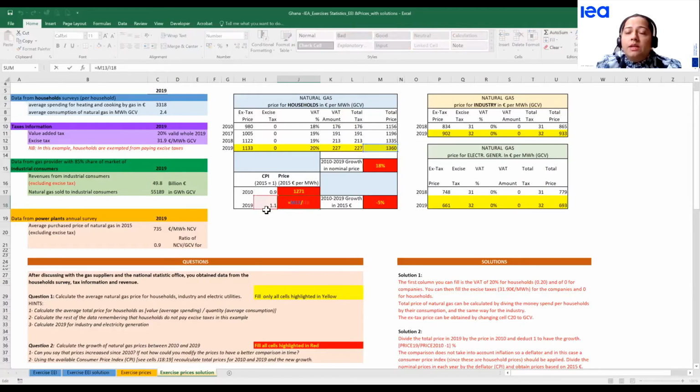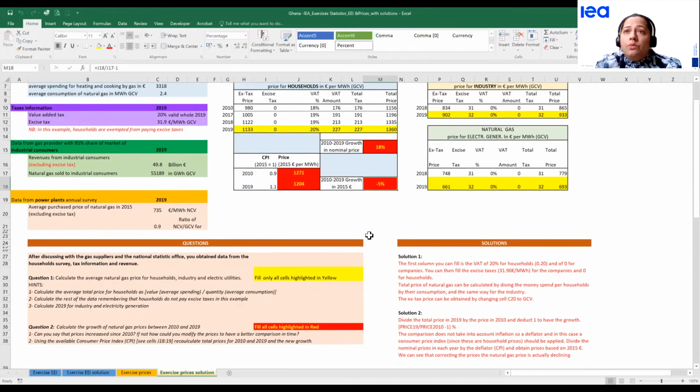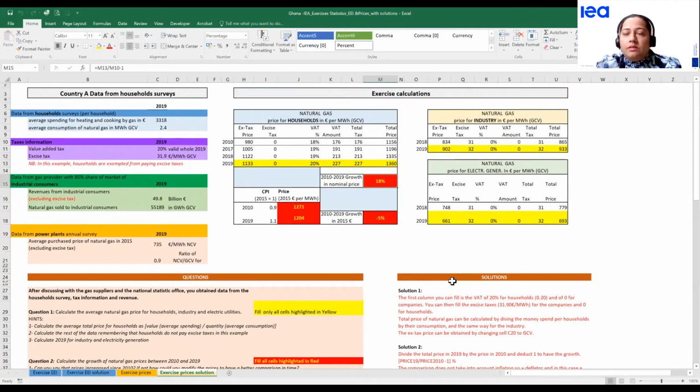If we recalculate the growth rate now, we see that it's decreasing by 5%. This is quite different from the nominal price increase, which was 18%. So we can see that when we correct the prices, the natural gas price is actually declining.